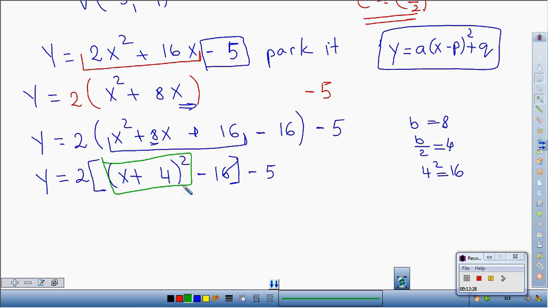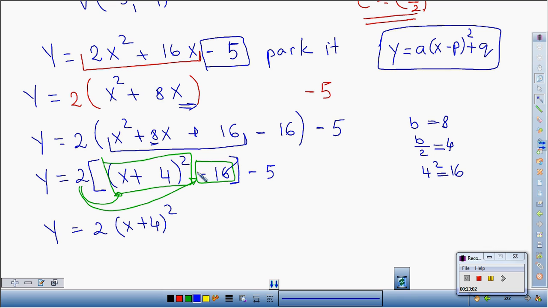We don't want to disturb it, we don't want to take it apart, but I am going to multiply the 2 with each one of these blocks inside the bracket, with the x plus 4 squared and with the negative 16. So let's see what we have. We have y equals 2 times x plus 4 squared.